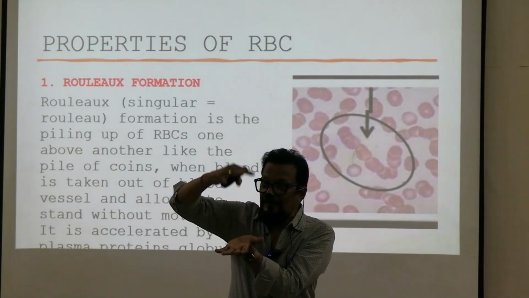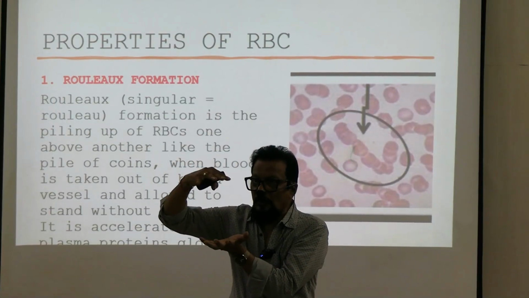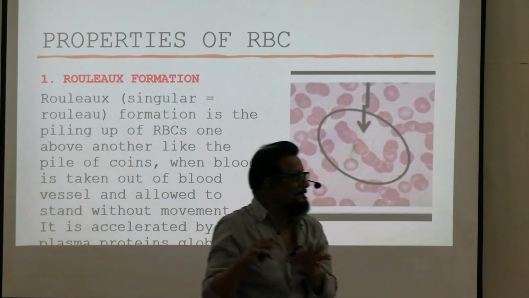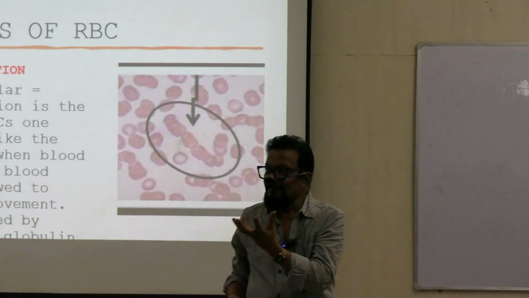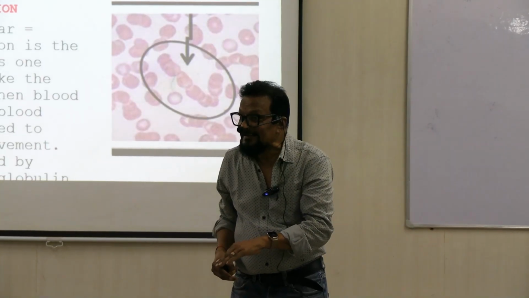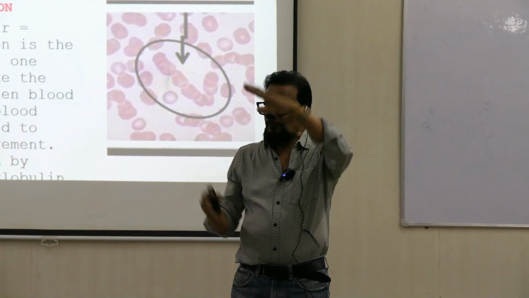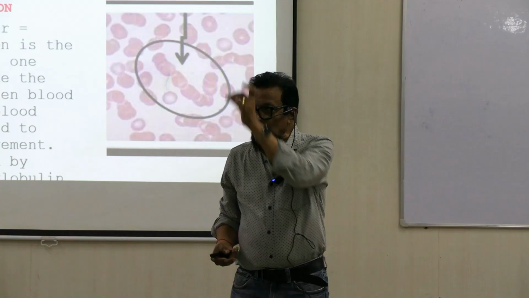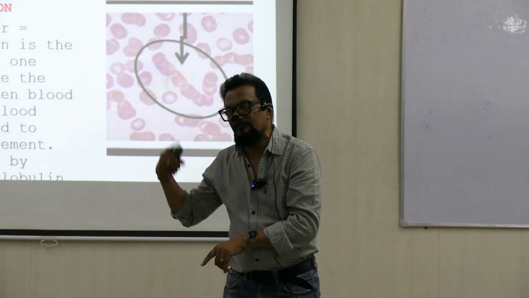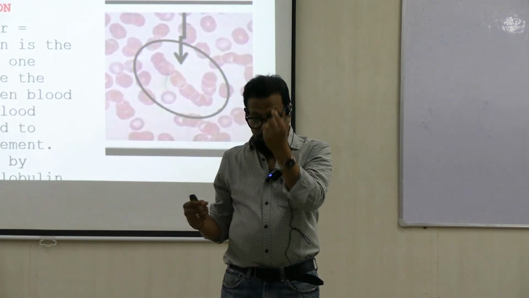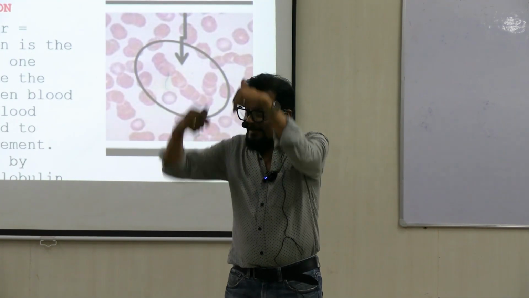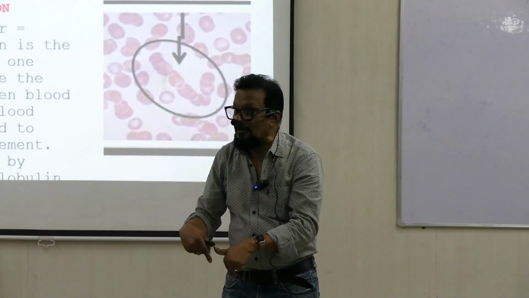When they form rouleaux, they will settle down. This relates to ESR, erythrocyte sedimentation rate. When you allow blood to settle, the RBCs settle down because of rouleaux formation. If the amount of plasma protein, fibrinogen or globulin, is more, the erythrocytes will fall rapidly.